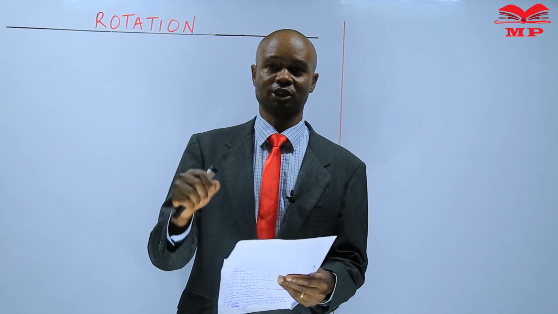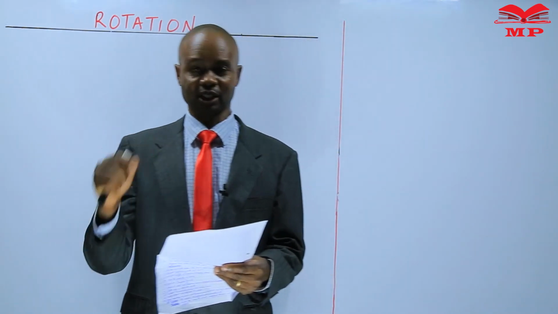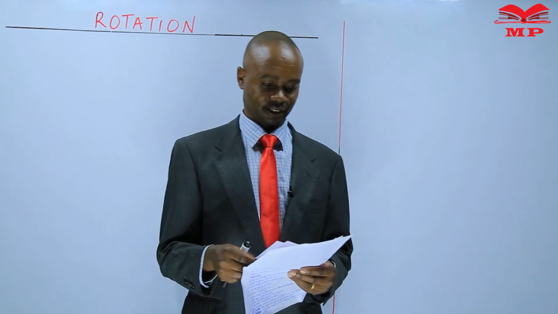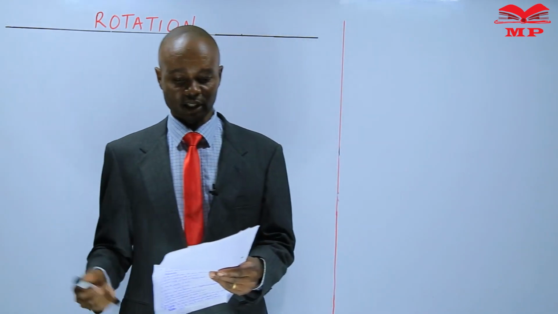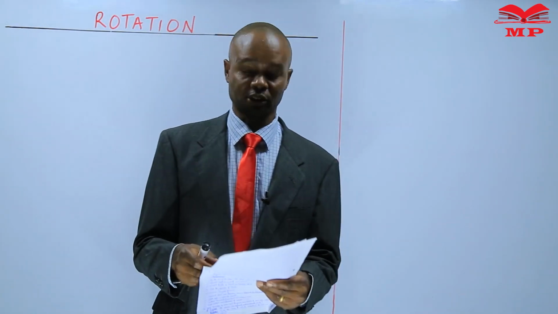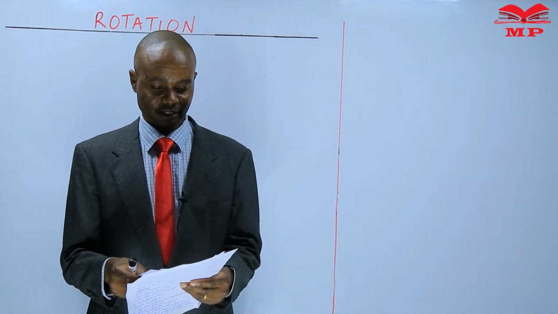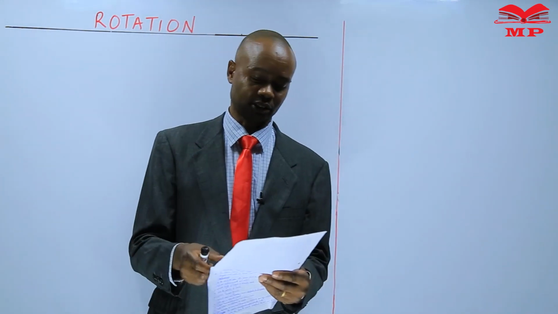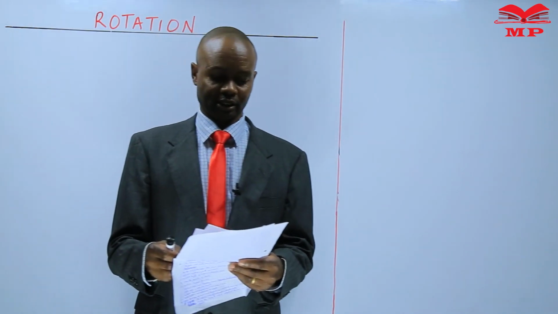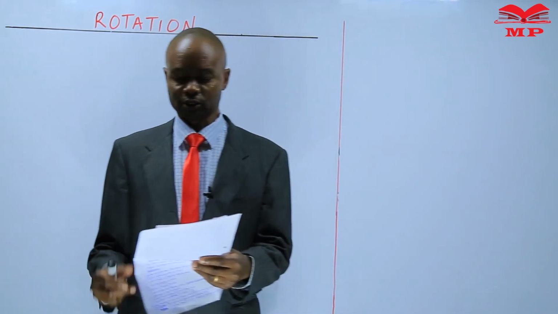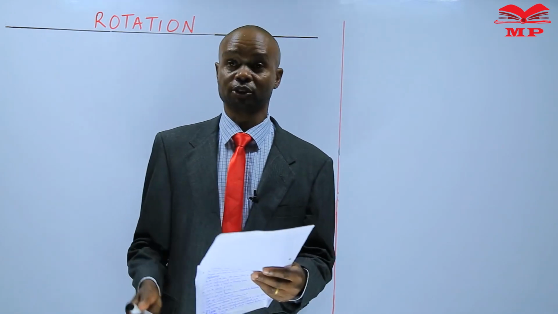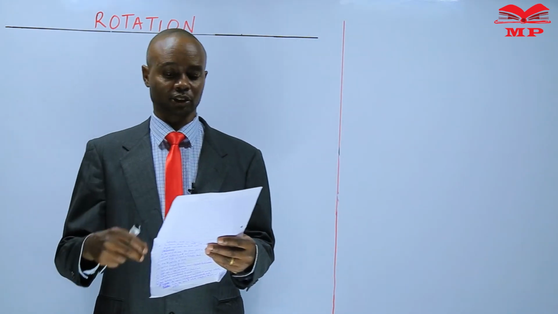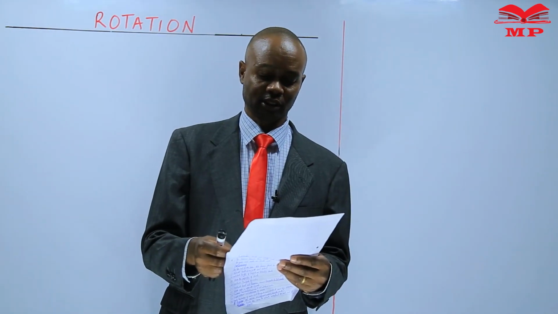Four, identify points of symmetry in plane figures. Five, state the order of rotational symmetry of plane figures. Six, identify the axis of rotation in any rotational symmetry. Seven, state order of rotational symmetry of solids and deduce congruence from rotation.